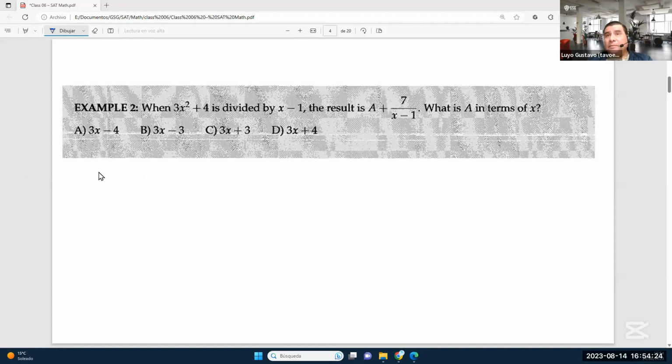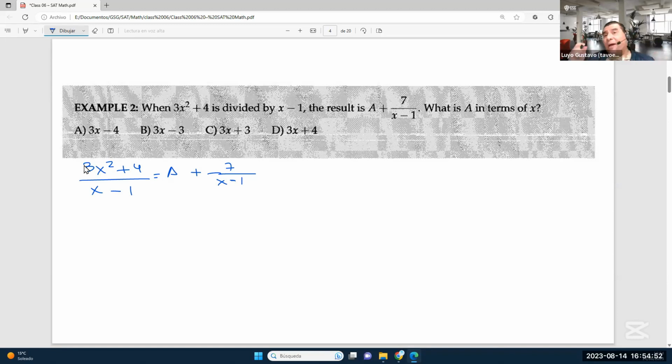Take a look. You may say (3x squared plus 4) divided by (x minus 1) has to be equal to this. Since they ask me to find a in terms of x, why don't I create a match? Try to force a match of the terms on both sides.